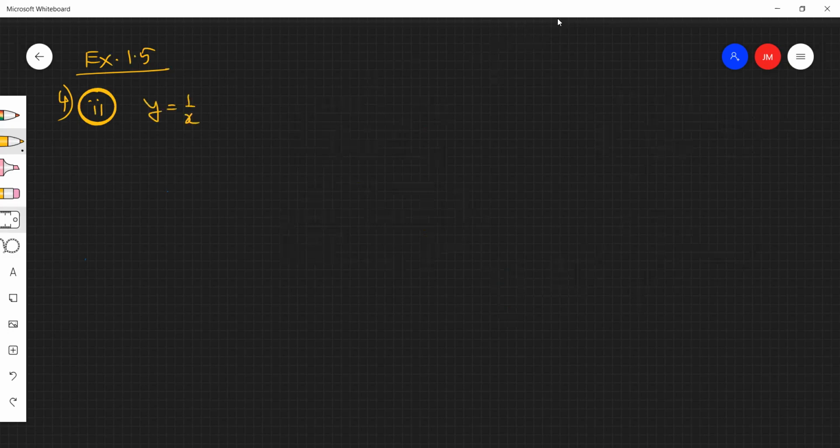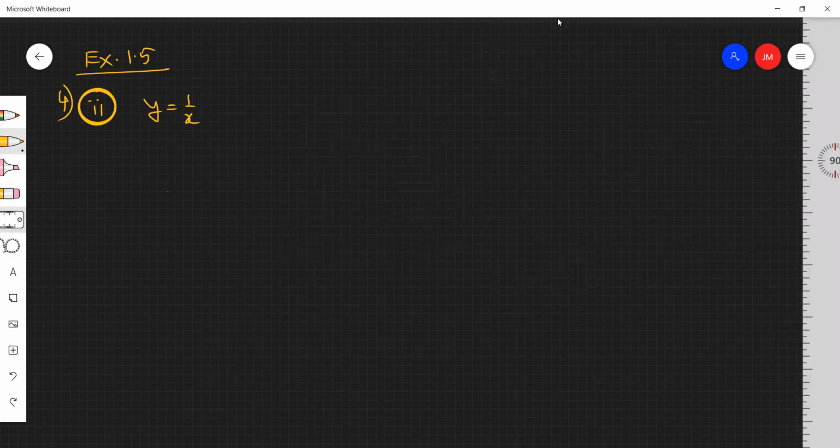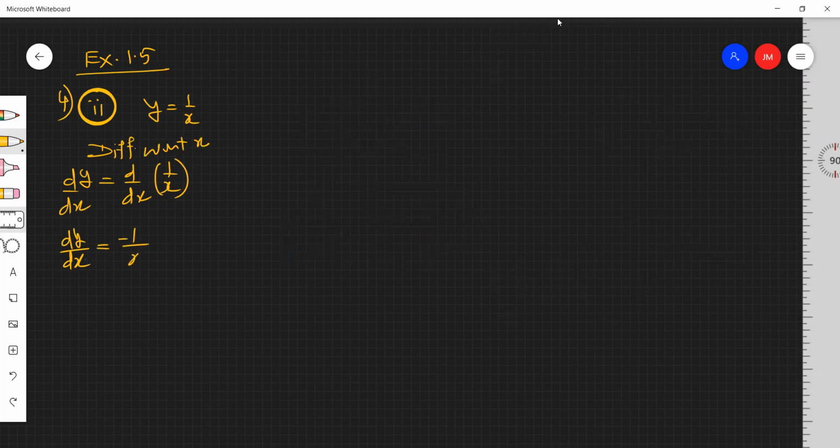What I will do here, students, is differentiate for the first time. Differentiating with respect to x, I will get d by dx of y equals d by dx of 1 upon x. Now you all know the derivative of 1 upon x is minus 1 upon x squared. So you got dy by dx is equal to minus 1 upon x squared.